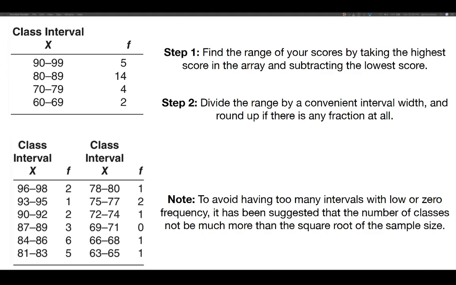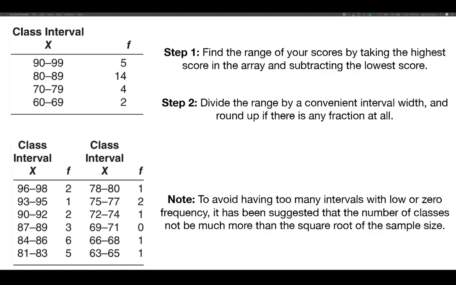Naturally, the lowest class interval must contain the lowest score in the array. So for this example in table 2, the lower limit of the lowest interval is 63, and it is a multiple of the interval width, which is 3.